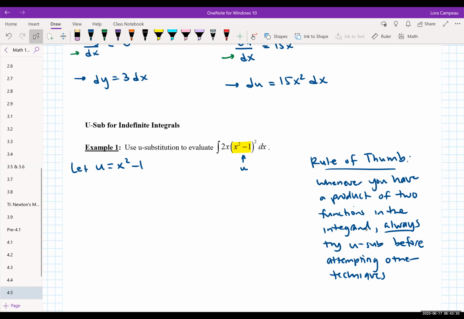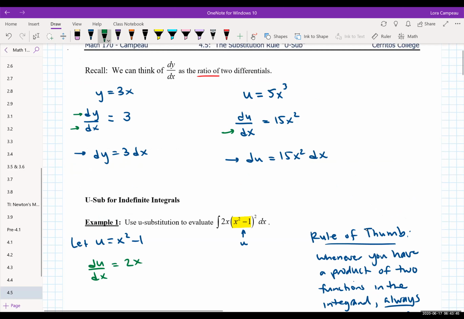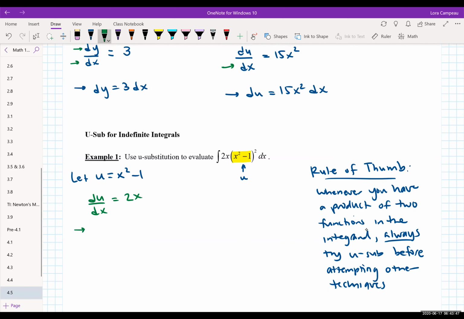So, all right, then du. Whoops, let me write that down. So derivative of u with respect to x, what do we end up getting? It's 2x. And then we notice, oh yeah, we had that idea of the two differentials. If you have a ratio of two differentials, you can multiply both sides by dx, and so you end up getting 2x times dx.